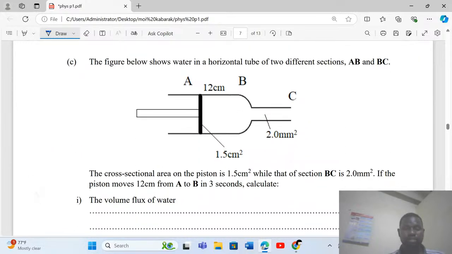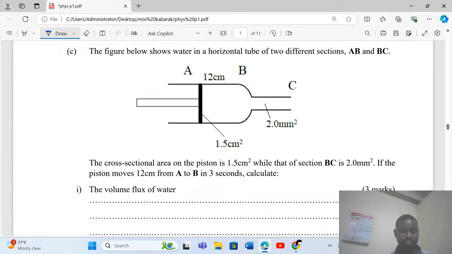The figure below shows water in a horizontal tube of two different sections, AB and BC.